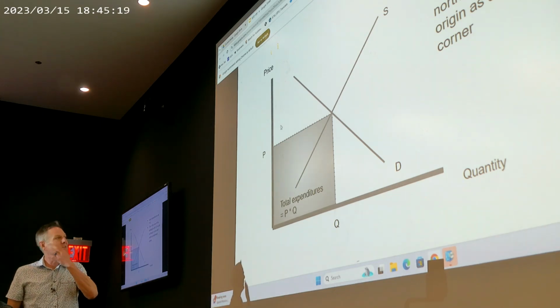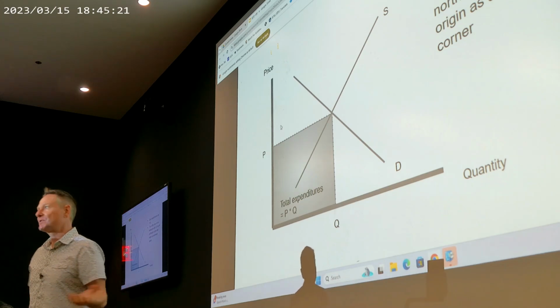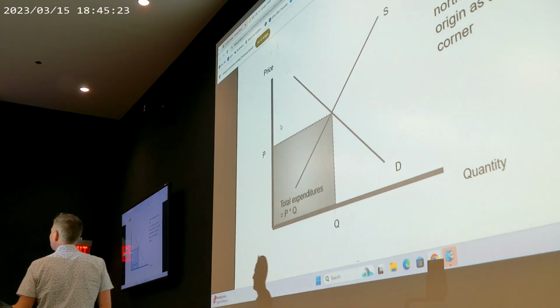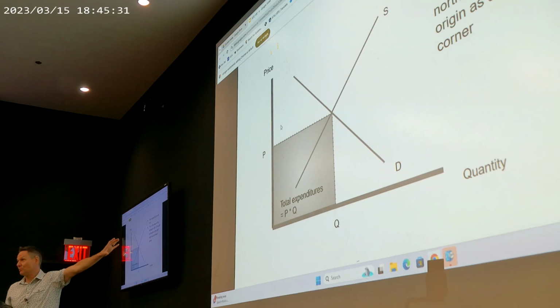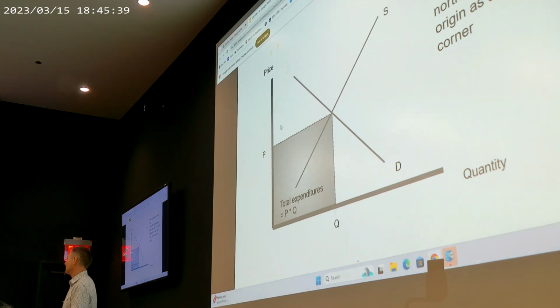So maybe the way we think about illicit drugs is we say, okay, well, in general, if people are spending more money on them, that's a worse outcome for society, right? You might say that this rectangle, put another way, this total expenditures rectangle, well, when it gets bigger in area, that means that society is by and large in a worse position. Why would you say that?